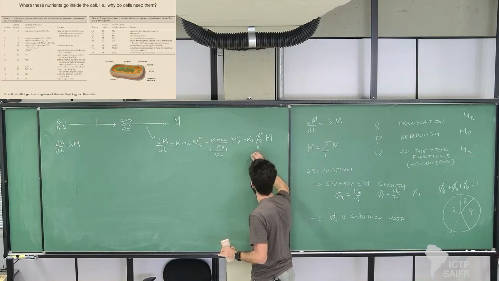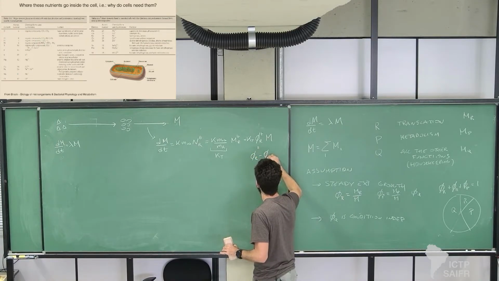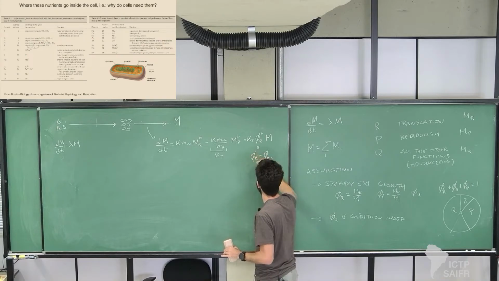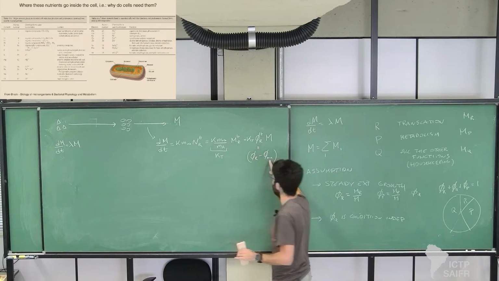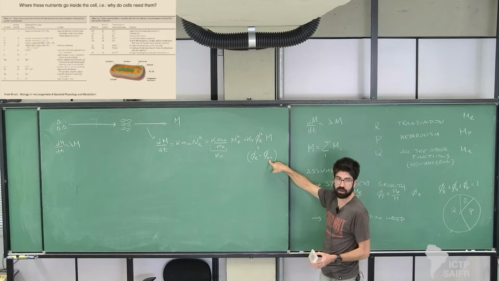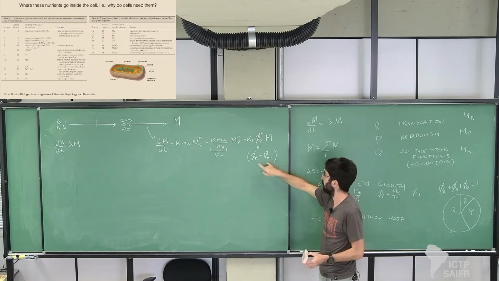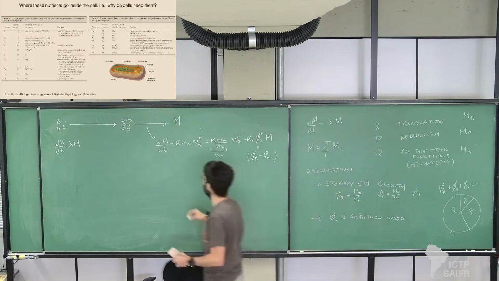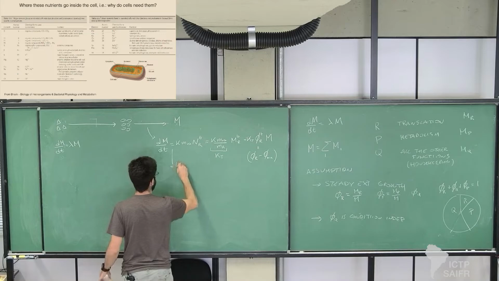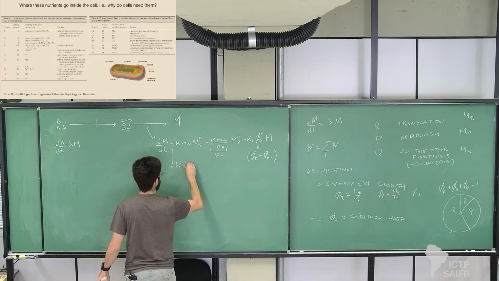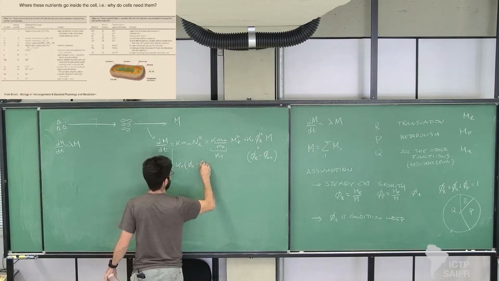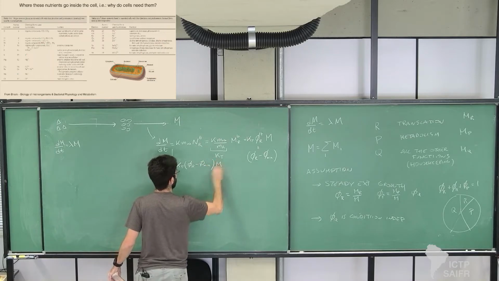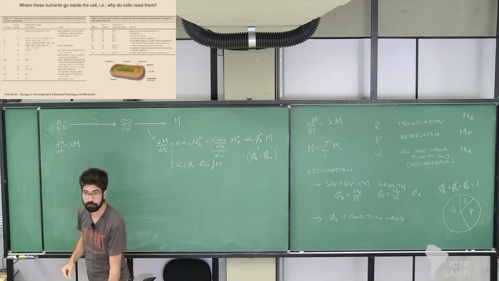But this is like phi minus, let's call it phi min. So there is always a fraction of ribosomes that are not translating. So this is the total fraction of ribosomes, and this is the fraction that are not translating, okay? So what we get is that dm dt is kt times phi r minus phi min times m.